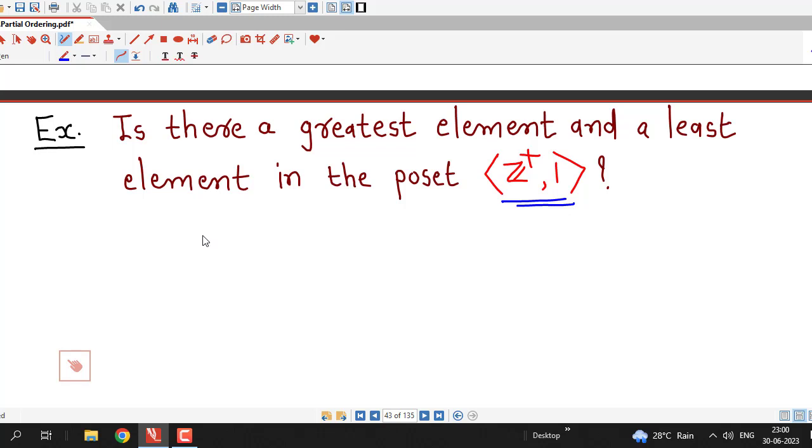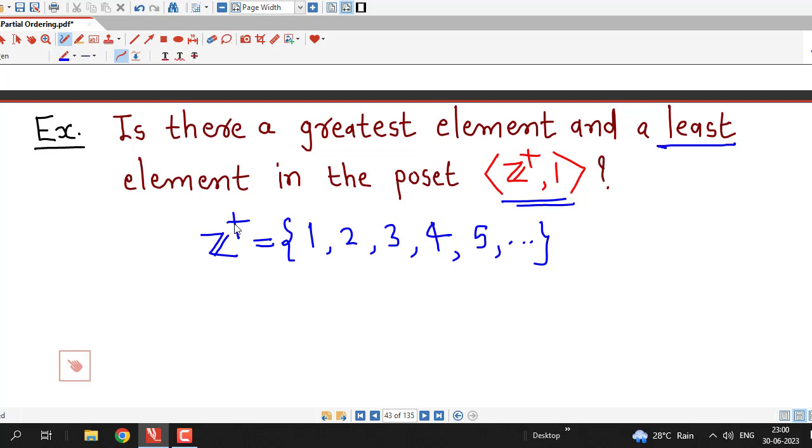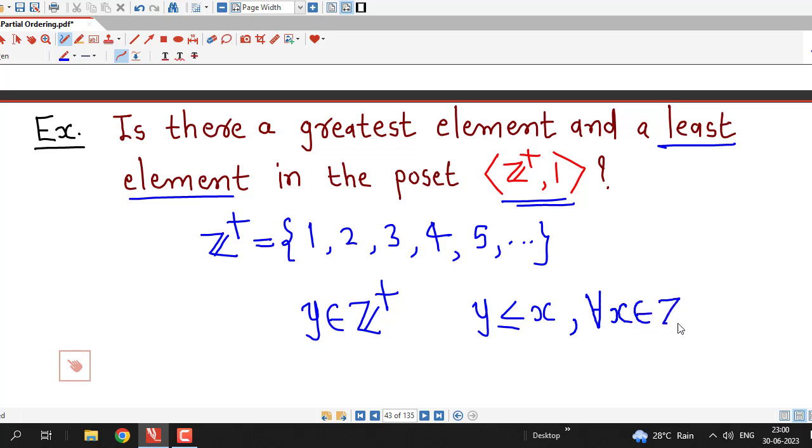Here I have taken the set of positive integers under the divisibility relation. There are infinite number of elements in this Z plus, and I have to decide whether greatest and least elements exist or not. First we talk about the least element. The definition is that y belongs to Z plus is the least element if y is related to x for every x in a given set.